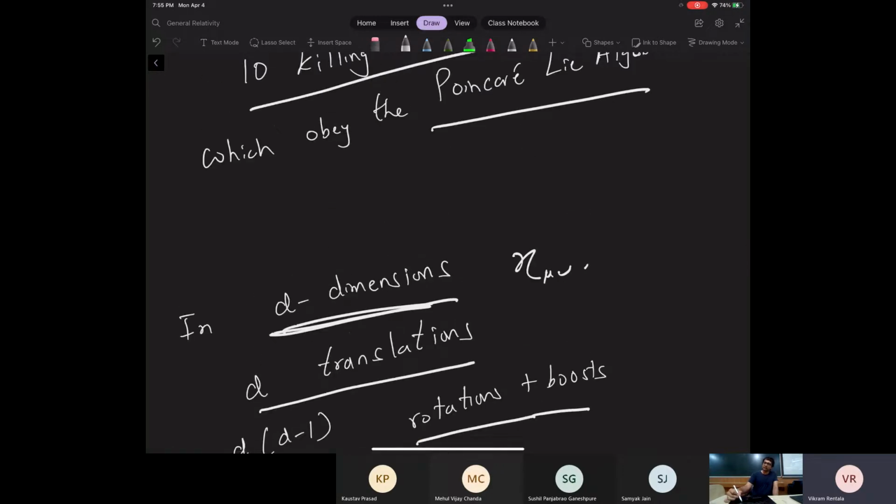If I have T, X, Y, Z, I can think about my transformations in Tx, Ty, and Tz. These are my boosts. And I can think about a rotation about the x-axis, y-axis, or z-axis. But in higher dimensions, I can't really think about a rotation about the y-axis.